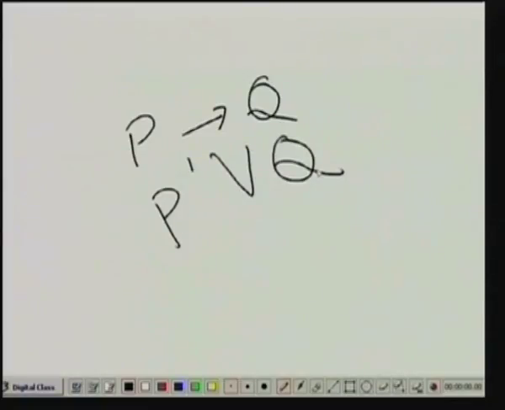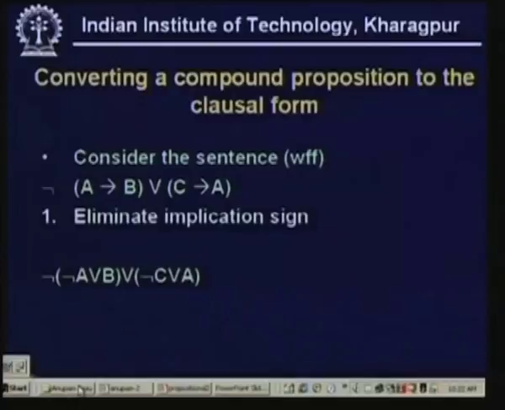So, any implication can be converted to this. It is the not of A implies B or C implies A. So, first I am trying to eliminate the implication sign. A implies B will become not A or B, and C implies A will become not C or A. This is the first step.